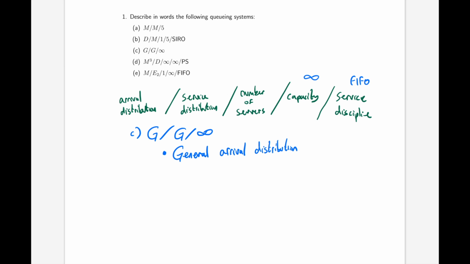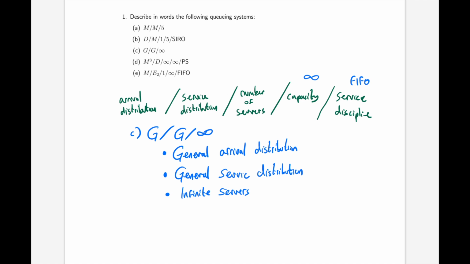Similarly, the service distribution is general. There are infinite number of servers. What does that mean? That means nobody waits. Everyone enters service immediately. There's an infinite capacity.